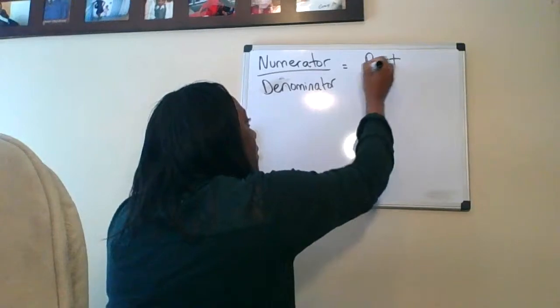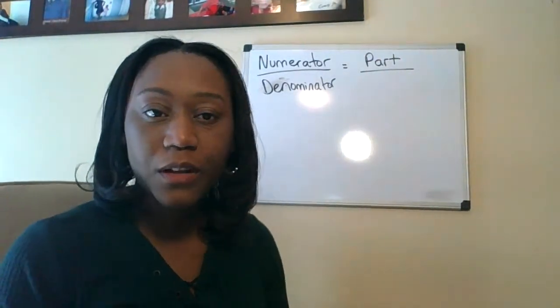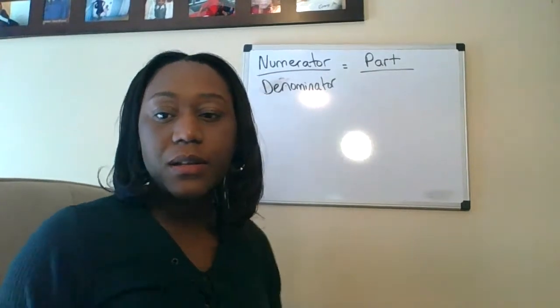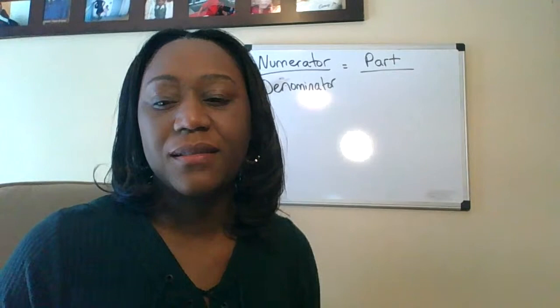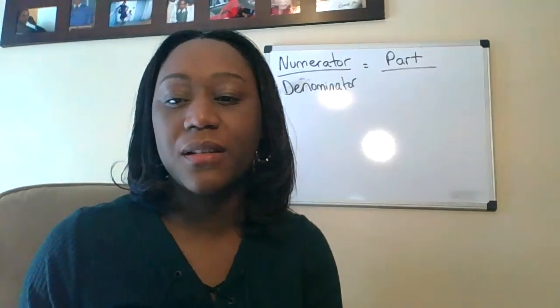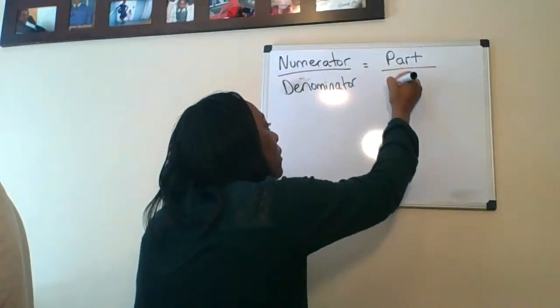Part. And then the denominator would be what? The numerator is the part. The denominator would be the, oh, you can't put that on here. Simone Leslie, you can't put that on there. Right, the bottom would be the whole.